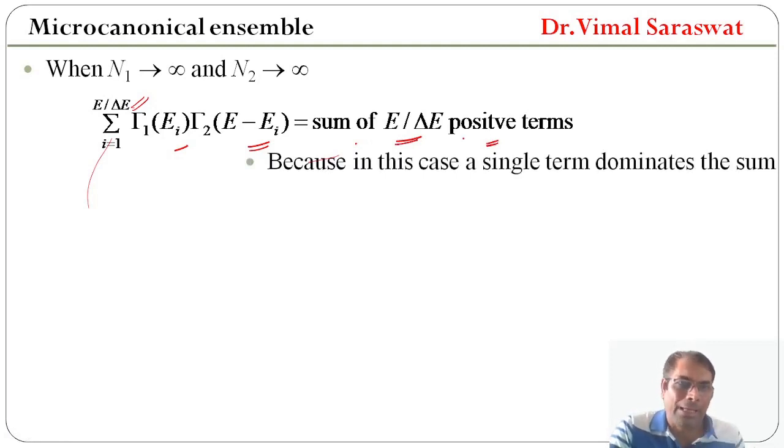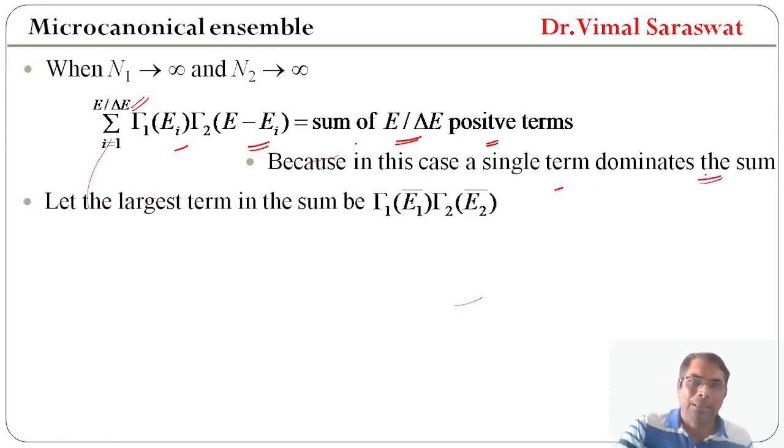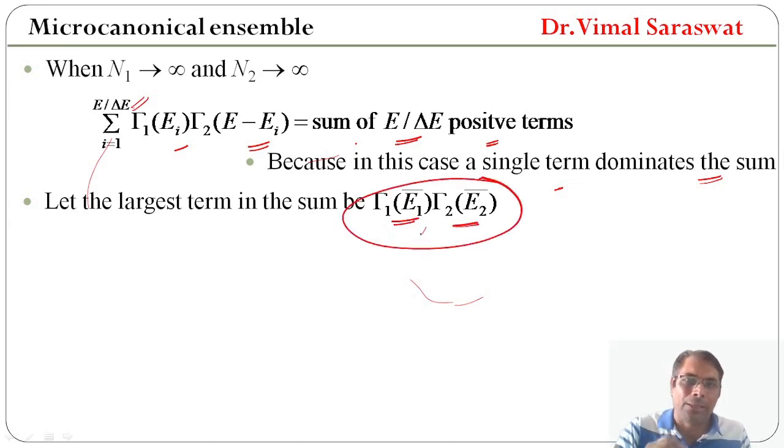Because in this case, a single term dominates the sum. Let the largest term in the sum be gamma 1 E1 bar, gamma 2 E2 bar. Also, E1 bar plus E2 bar equals E.